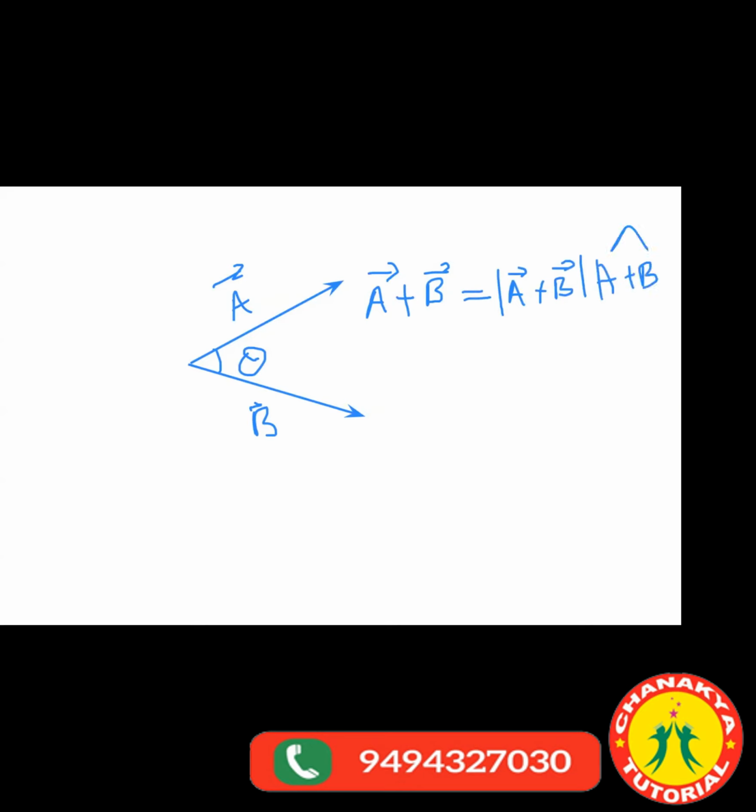So now, how to calculate the magnitude? The magnitude of A plus B vector is equal to under root A square plus B square plus 2AB cos theta. You guys know this formula, right?